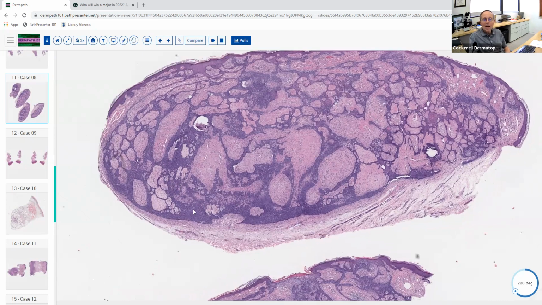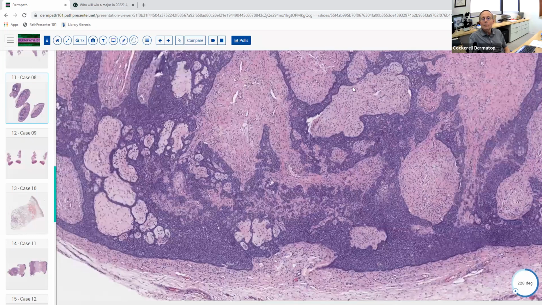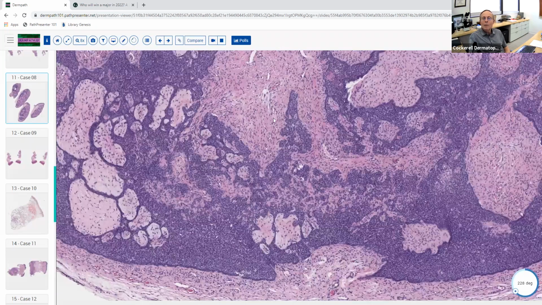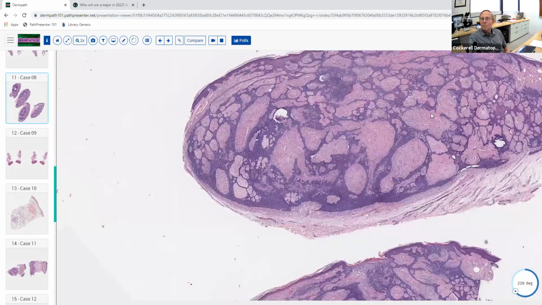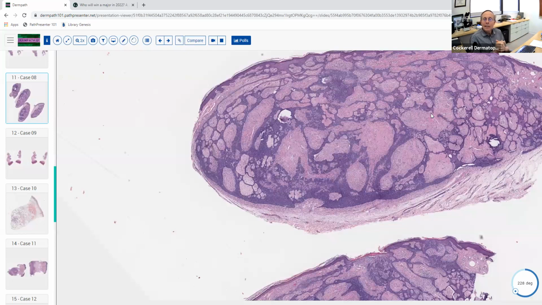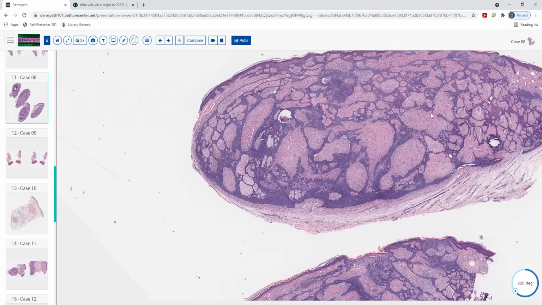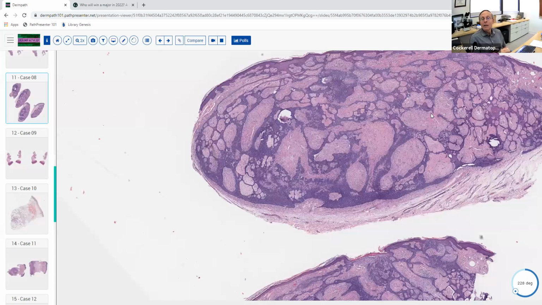And some areas are more solid over here with this prominent fibrostroma. Whenever you get a prominent fibrostroma, where the stroma almost is present more than the epithelium, that tends to favor a low-grade biologic lesion. In other words, that's more commonly seen in a trichoepithelioma.